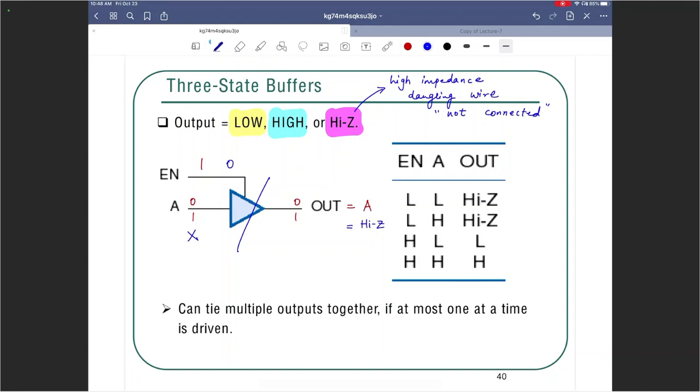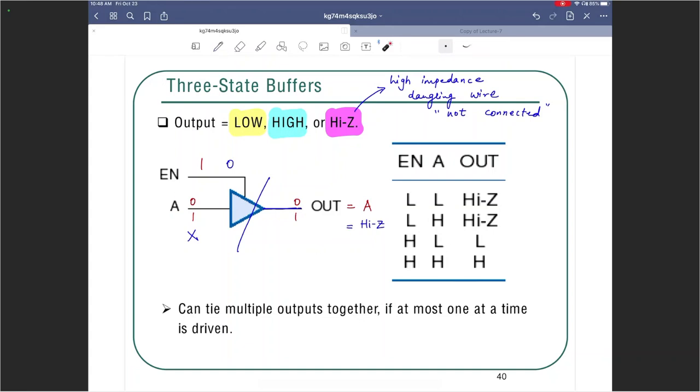It's not connected to anything right now. This wire is a dangling wire. That only happens if the tri-state buffer is disabled. So I've color coded them as in red and blue to indicate the two combinations of the enable.